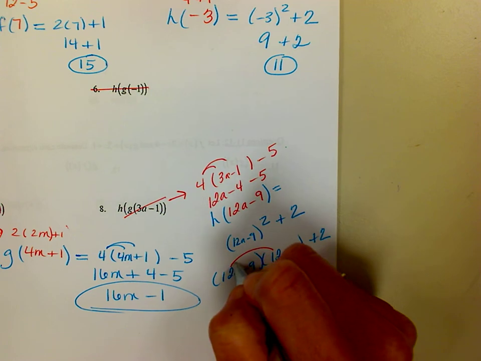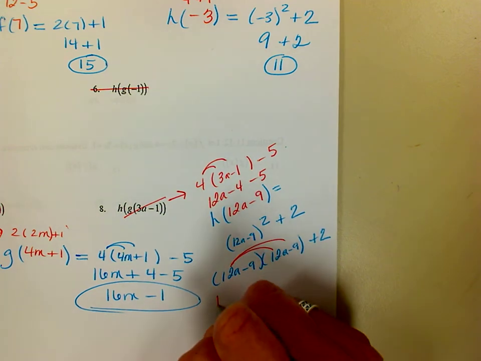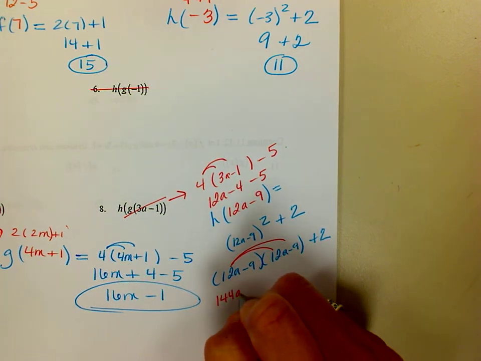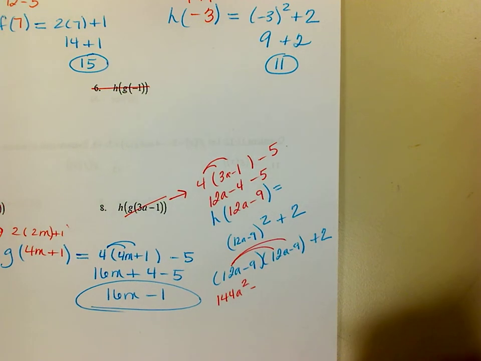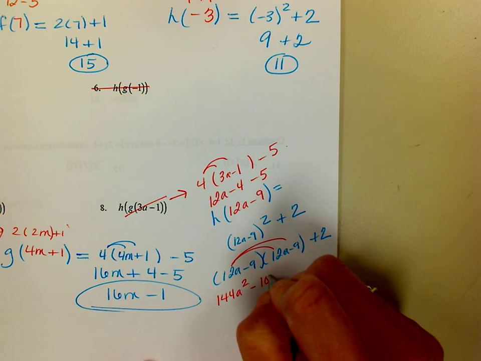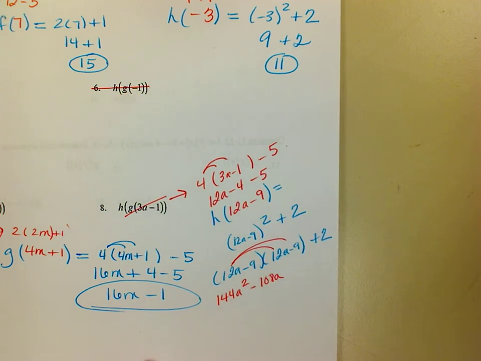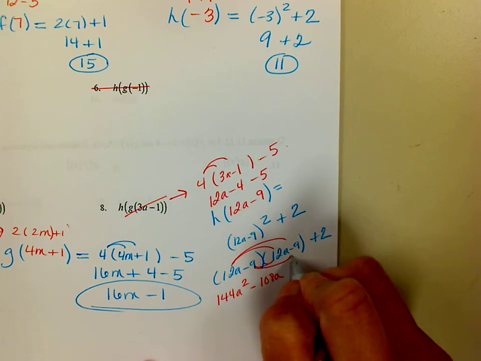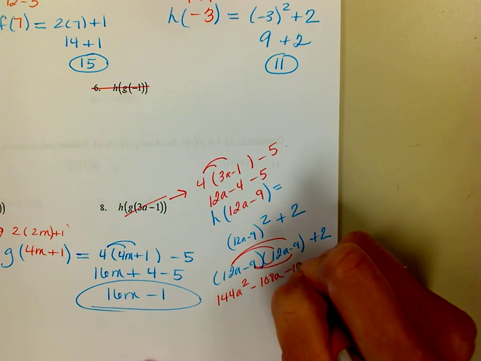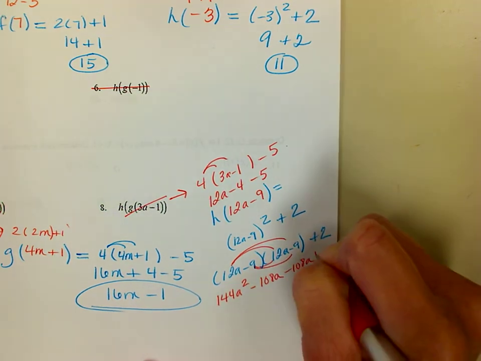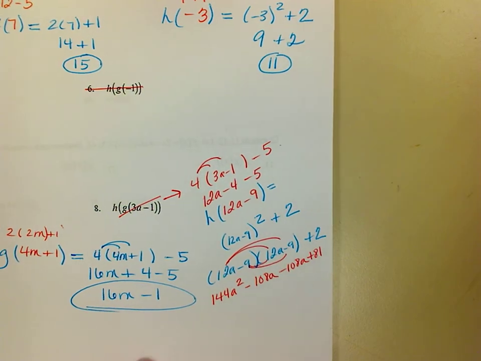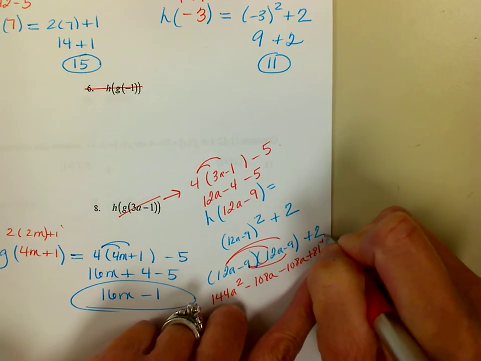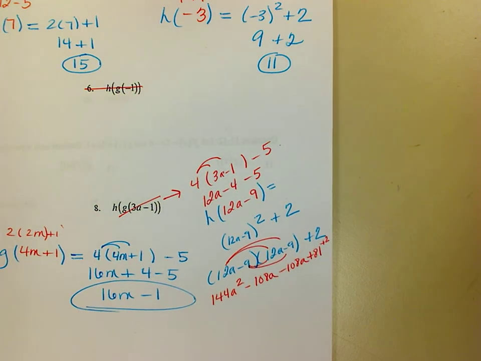I'm going to take 12a times both of these. That's going to give me 144a squared minus 108a. And I'm going to take negative 9 times both of these. Negative 108a plus 81. And then I still have this plus 2 that I got to squeeze in there.